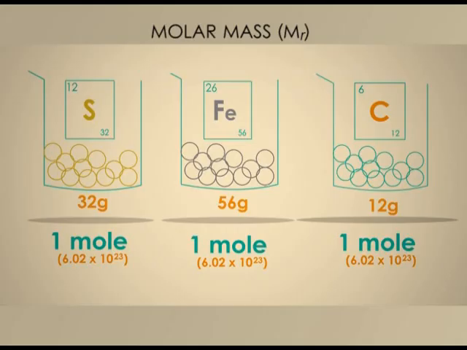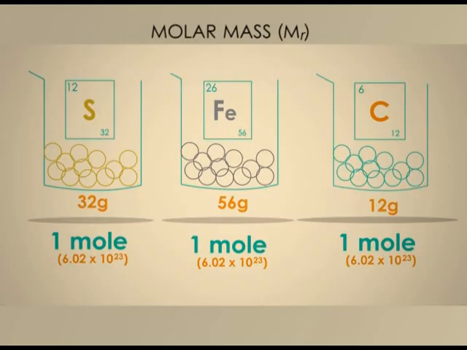Also, 6.02 times 10 to the power 23 atoms of iron is equal to 1 mole and will weigh 56 grams. For carbon, 1 mole is equal to 6.02 times 10 to the power 23 atoms, which is equal to 12 grams, because carbon has mass number 12.